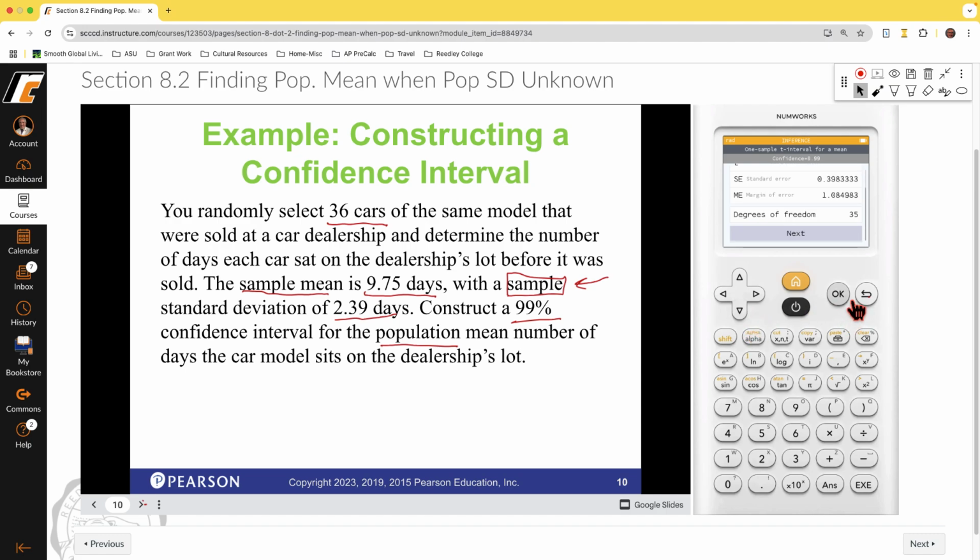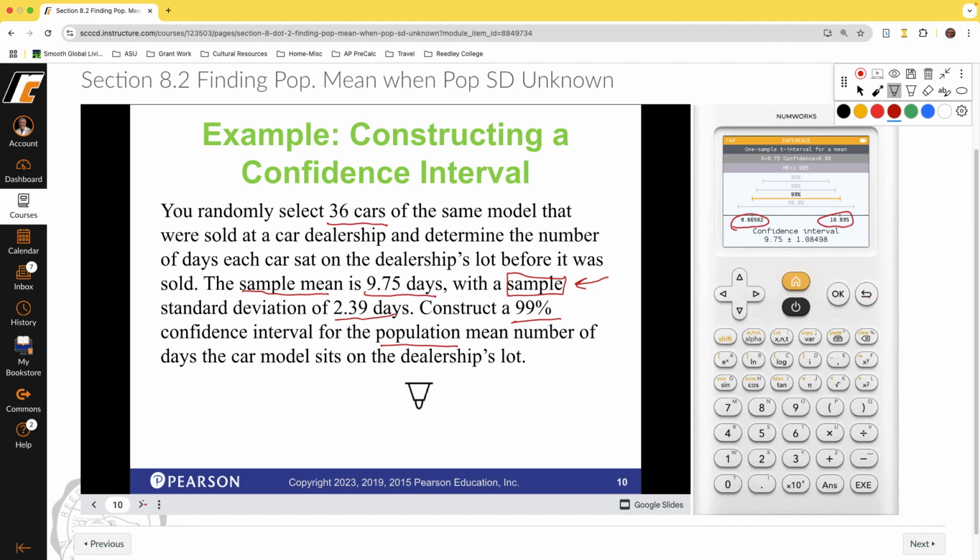But the calculator uses all of that and comes up with our confidence interval of the sample mean 9.75 plus or minus 1.08. And actually, even if you round to 1.08 or 1.084, again, they'll give us the confidence intervals here, start to the end.